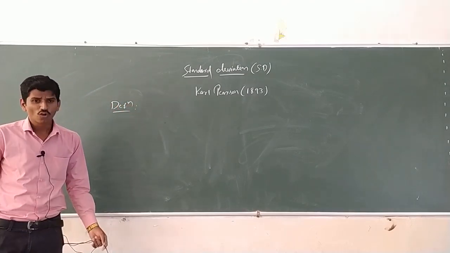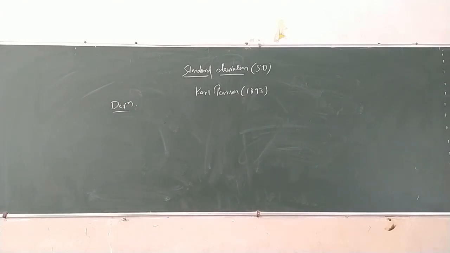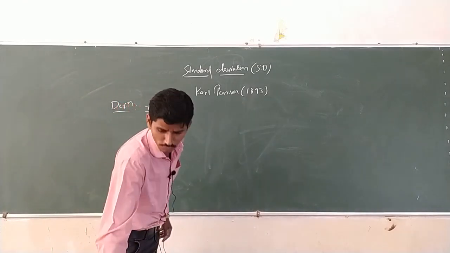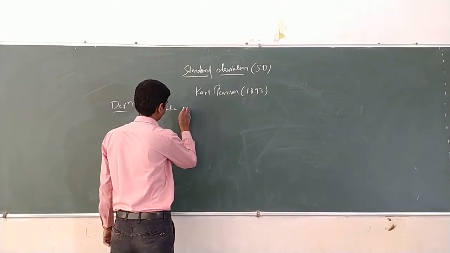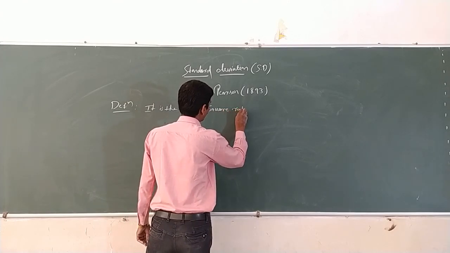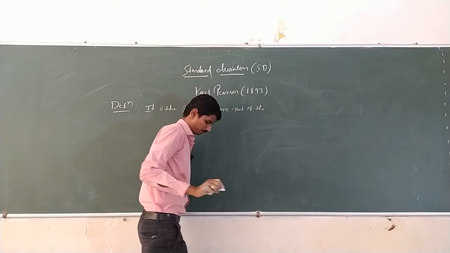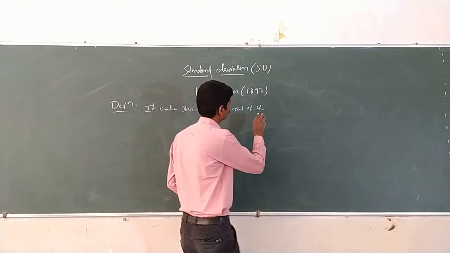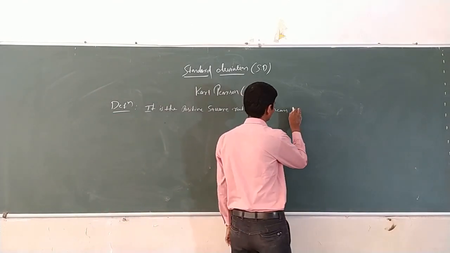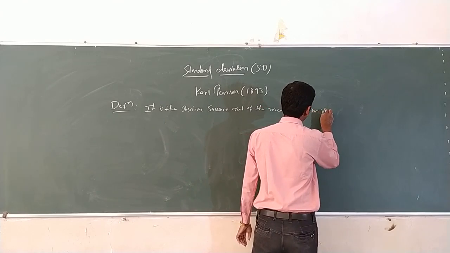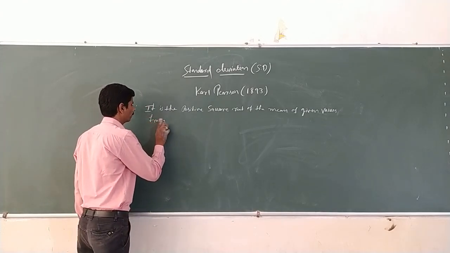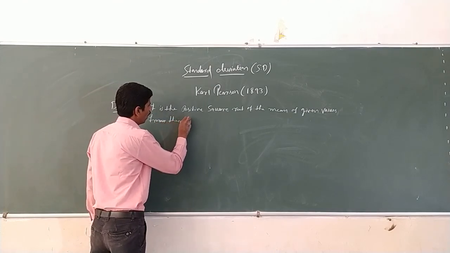The standard deviation is the positive square root of the mean of the squared deviations of the given observations or given values from their arithmetic mean.